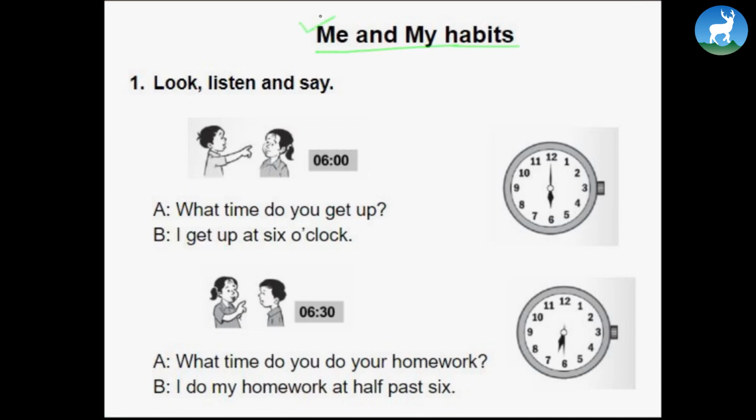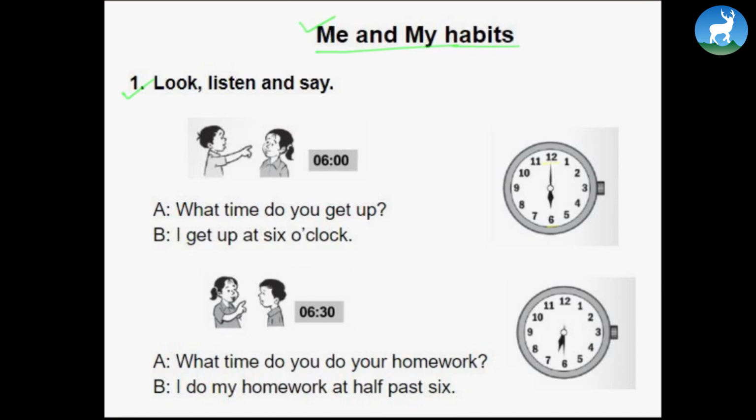Now under this section, the first thing that we are going to do is we are going to look, listen and say. So let's look at the first clock. I can even call it a watch. If you look at this clock, you can see that the hour hand is pointing towards the number 6 and the minute hand is pointing towards the number 12.